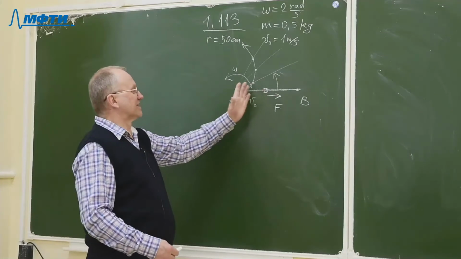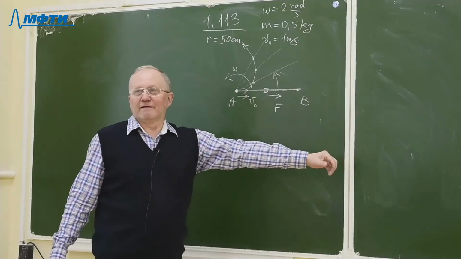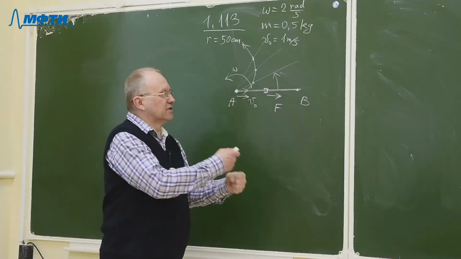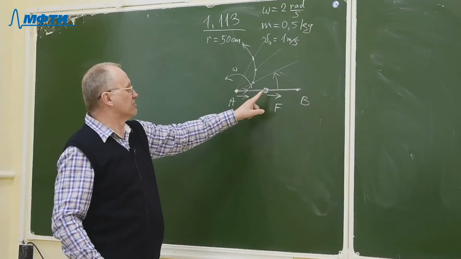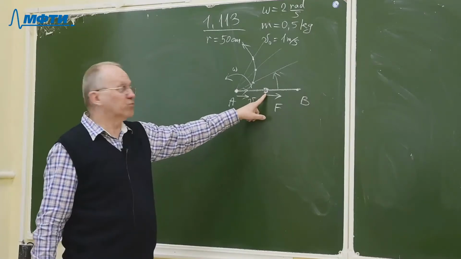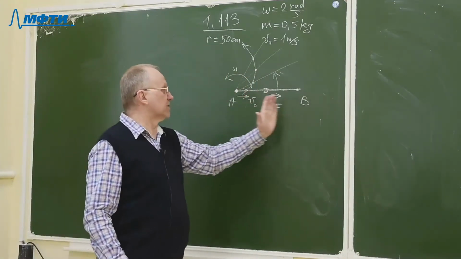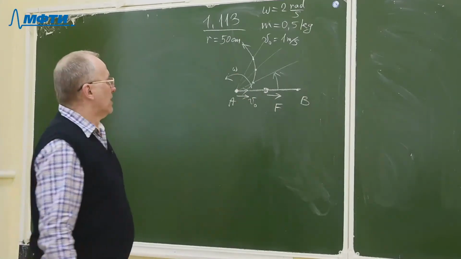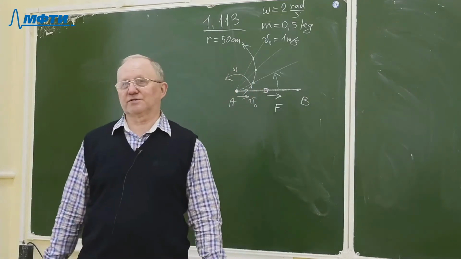You will feel that some force is trying to push you away. You will feel it, and in order not to slide, you will have to hold on firmly in order to remain at the same point on the rotating disk, on the rotating rod. So there is a definite force which is sometimes very strong. And this is the centrifugal force.